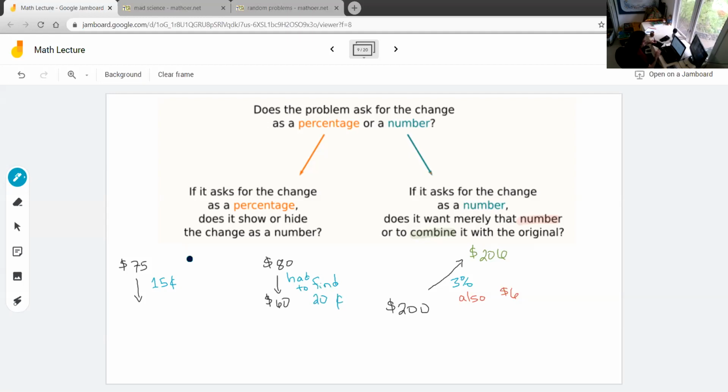Oh, these were cents, weren't they? Cents, cents, cents. Okay, cents don't always look very cent-like, do they?